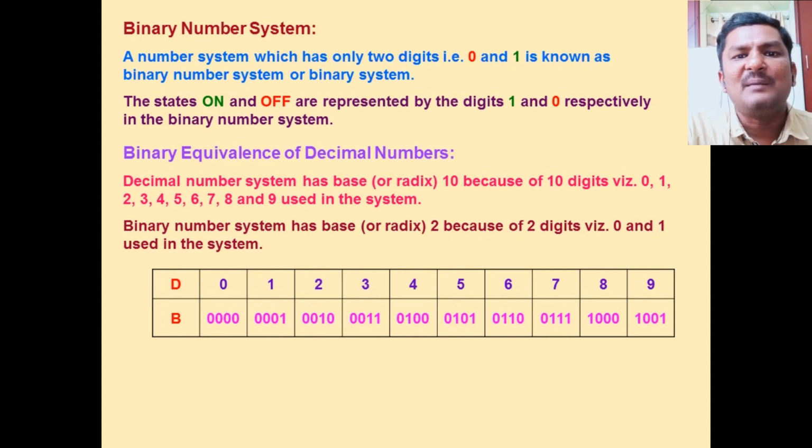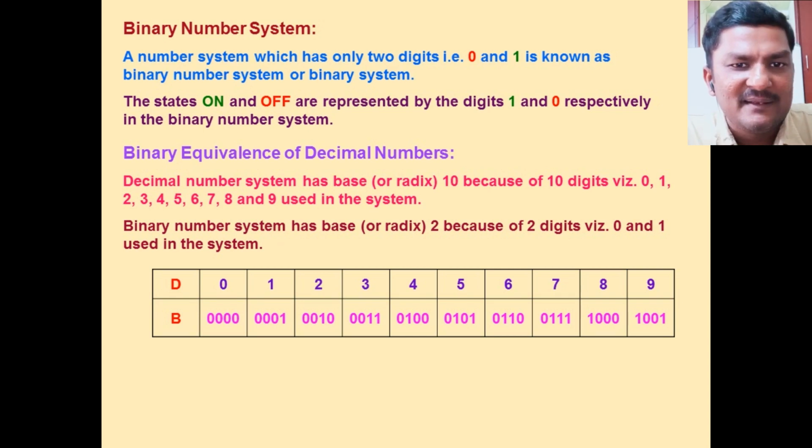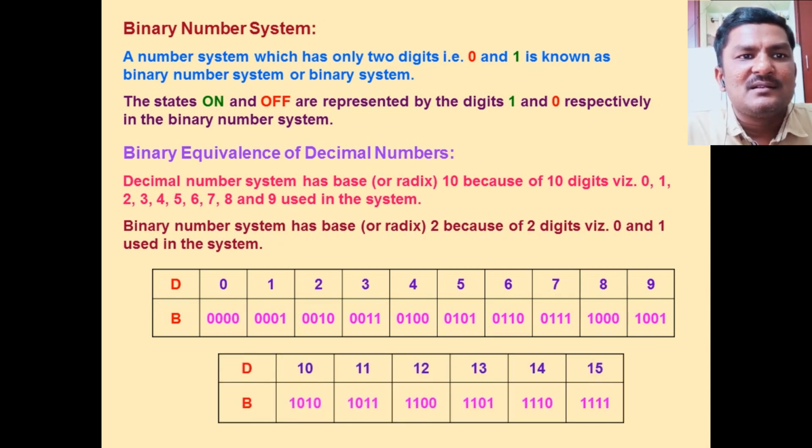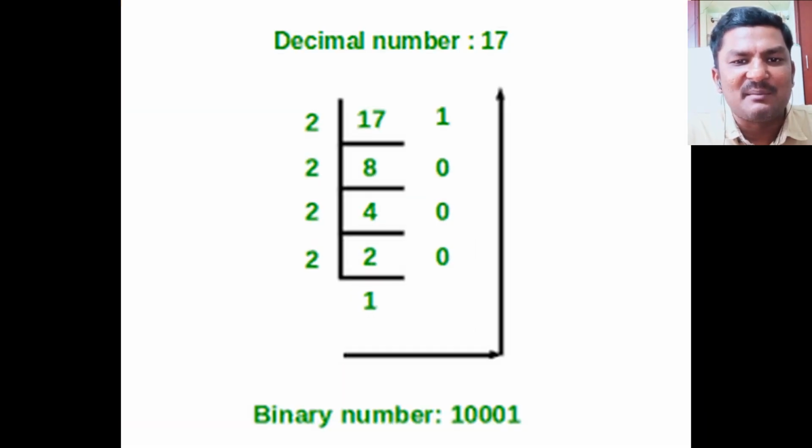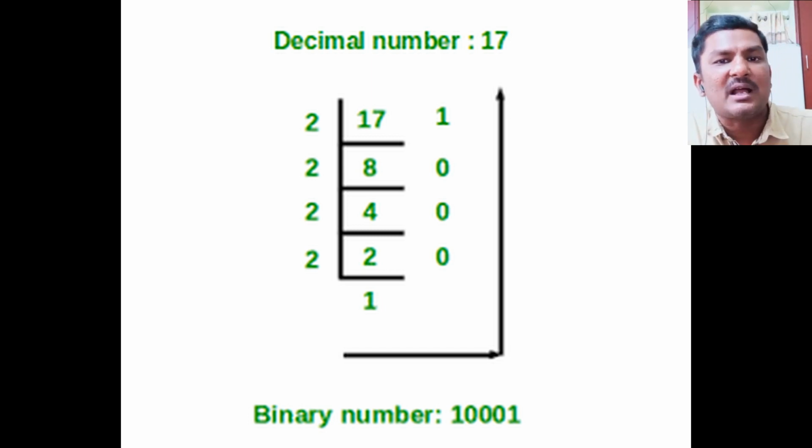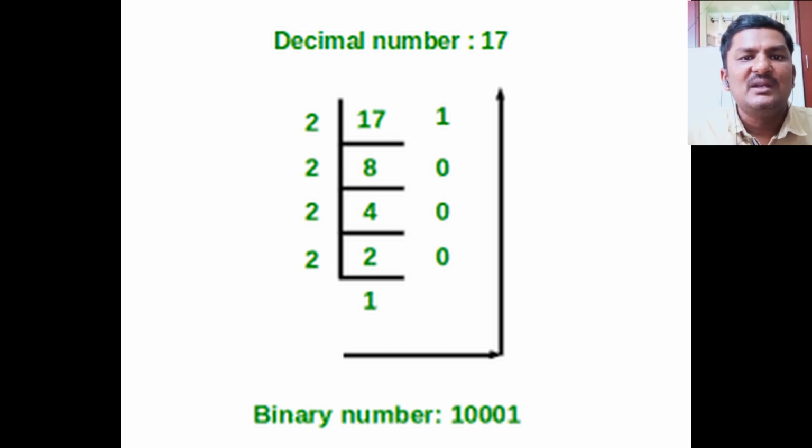In tabular form I have given the binary numbers for the decimal numbers 0 to 15. Next, I explain how to convert a decimal number into a binary number and how to convert a binary number into a decimal number.